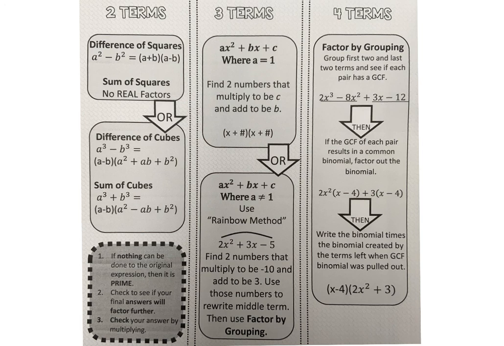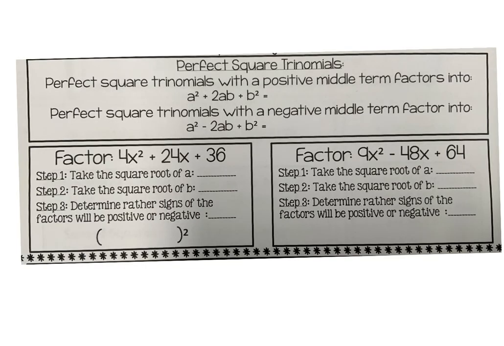All right, so now we're going to look at special cases. Perfect square trinomials will always look like this. The first term will be a perfect square, the last term will be a perfect square, and the middle term can be either plus or minus. If it is like this first one, then your factoring is always going to be a plus b squared. If it's subtraction, it's going to be a minus b squared. So when you do factoring like the 2 that they have given us, you would take the square root of the first one.